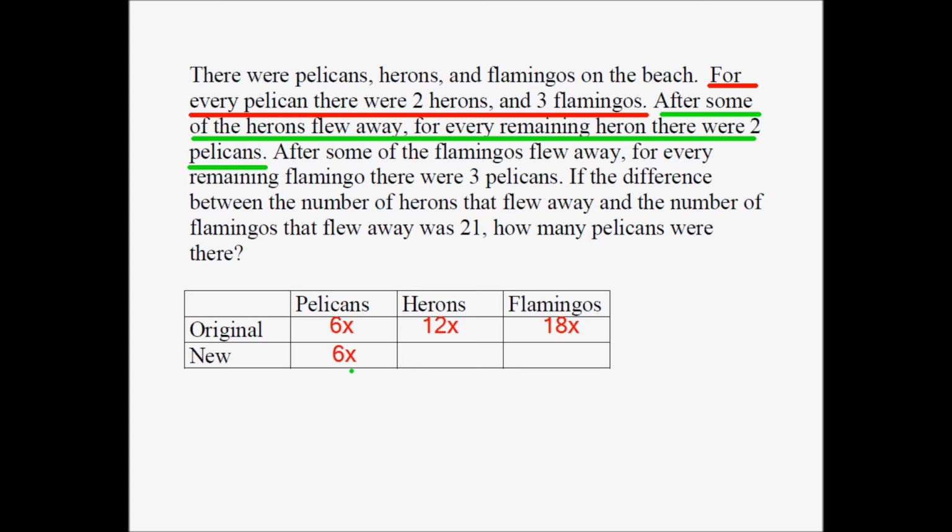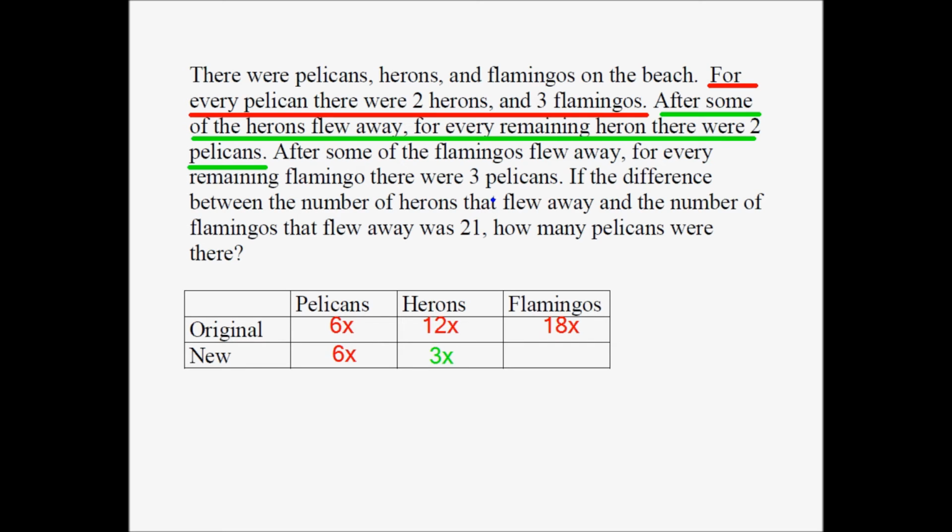If the number of pelicans was twice the number of herons, the number of herons has to be 3x. Now that follows, the green variable 3x follows from the line underlined with green marker. Again, read this sentence very carefully and absolutely convince yourself that that's a valid interpretation of this sentence.